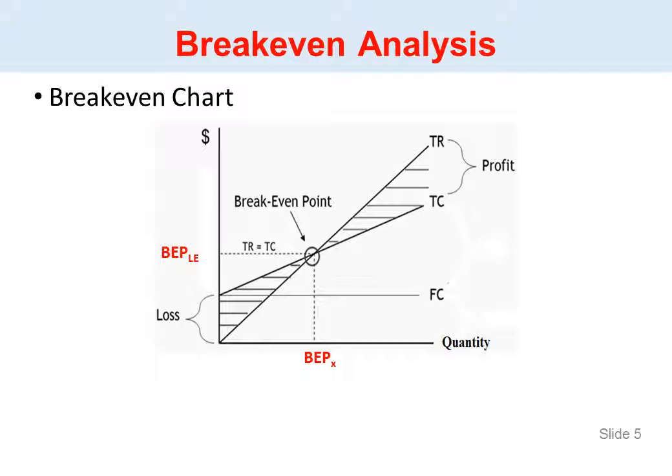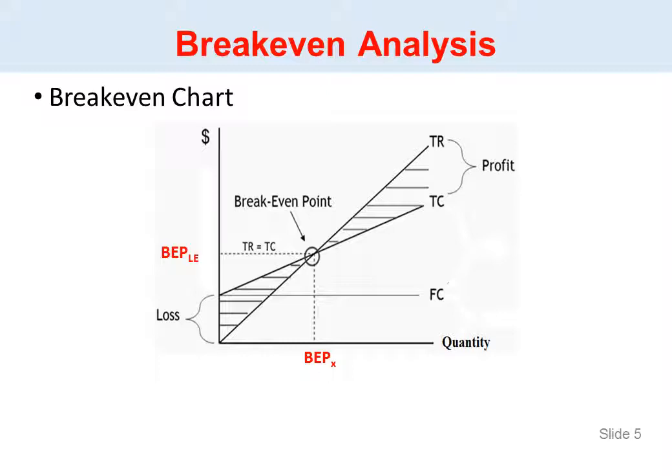The value of that break-even point on the quantity axis is BEP X, and on the y-axis, which is money, it is BEP in dollars or Egyptian pounds.